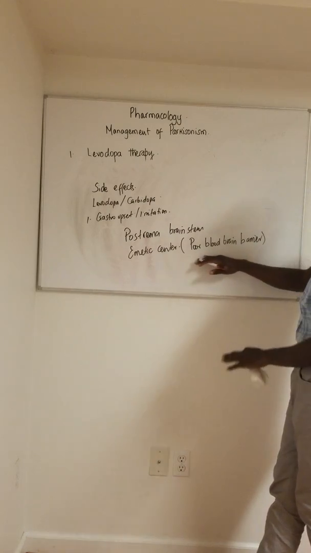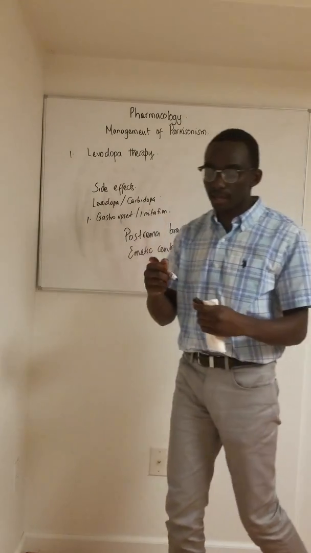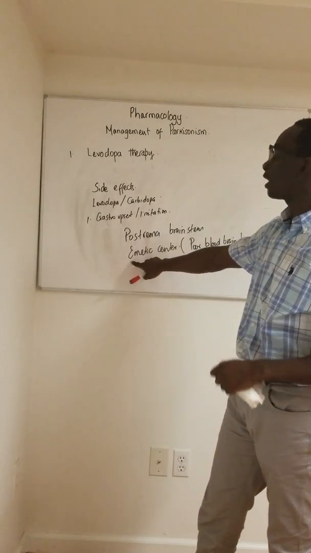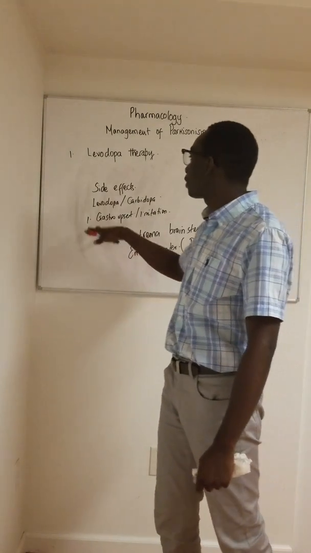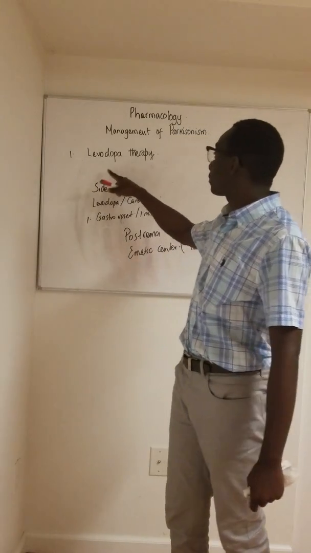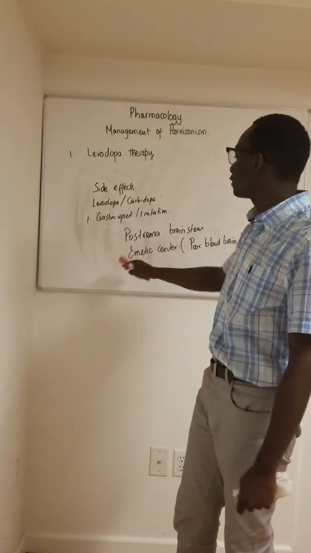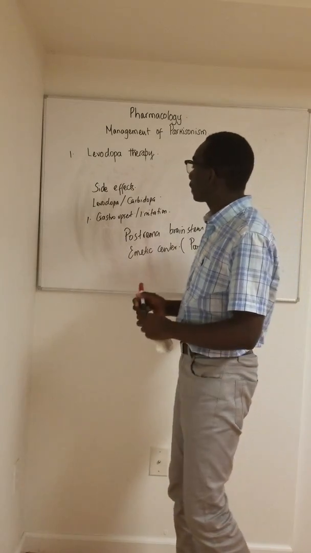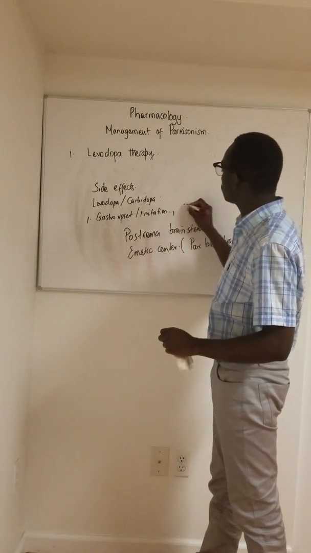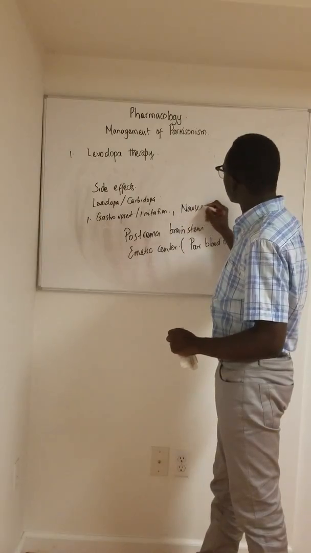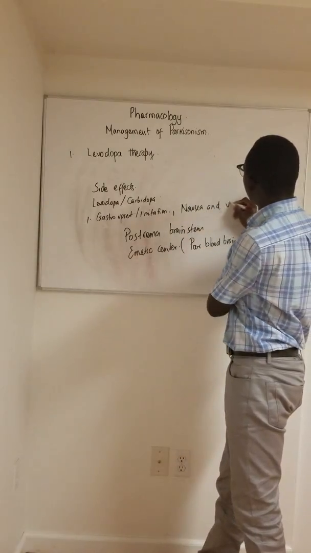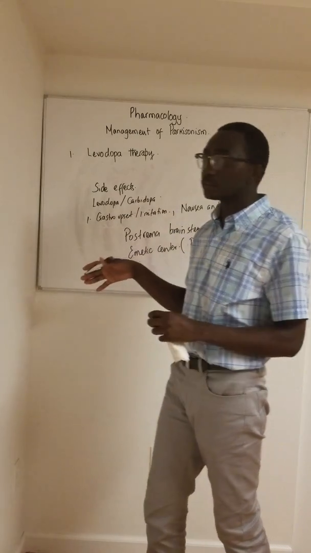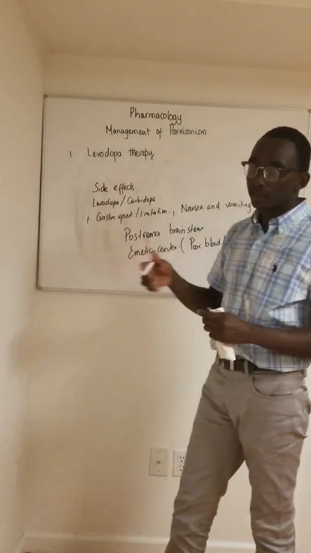So if there is a poor blood-brain barrier, very many substances can reach this area and trigger the emetic center. So levodopa has that ability of stimulating this center, causing gastric upset, irritation, nausea, and vomiting. So this is the major side effect seen in treatment with levodopa.